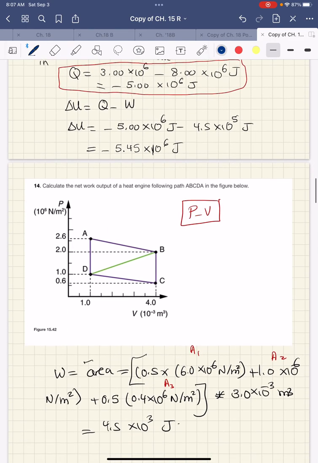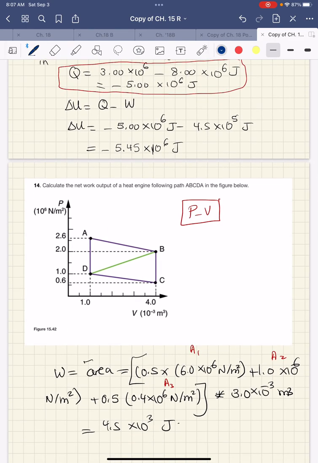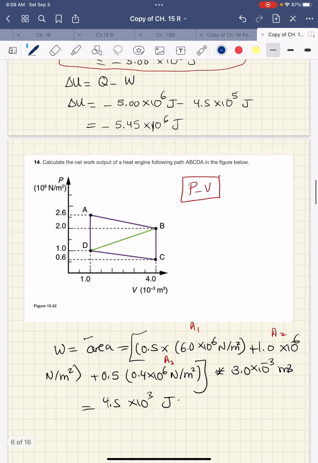Here, calculate the net work output of a heat engine following path A, B, C, D, A in the figure. Now, for this one here, we're going to dissect the shape into different areas. Like the first one, it can be this here, which is called A1.